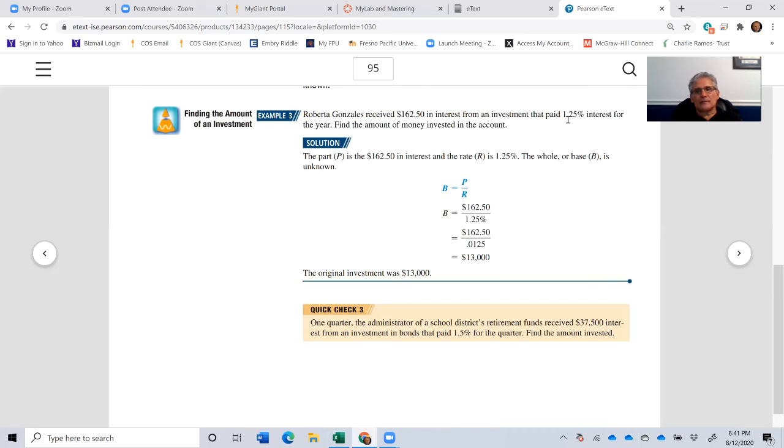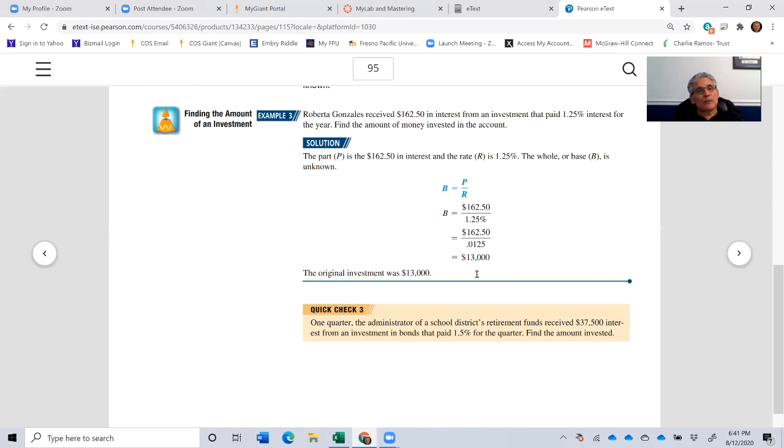R is the rate, 1.25%. But to convert this to a decimal, we have to slide the decimal to the left 2 times. So that's going to be 0.0125. So 162.5 divided by 0.0125 gives us 13,000.